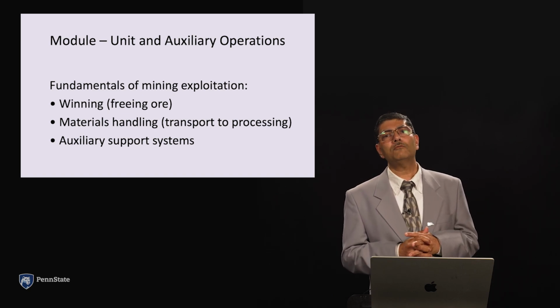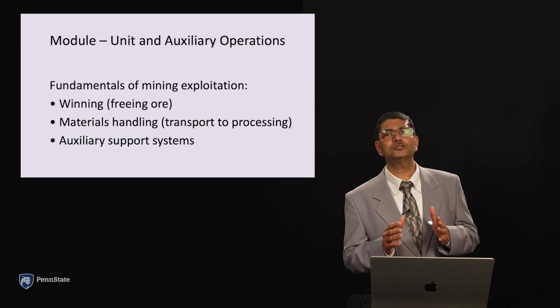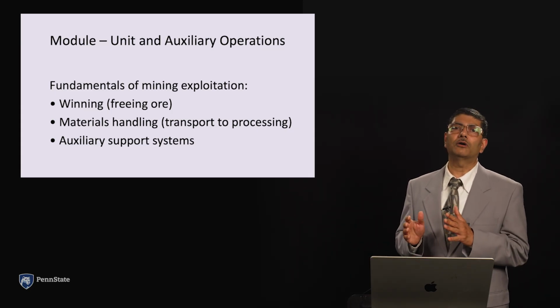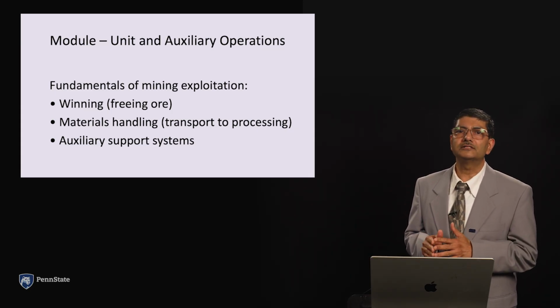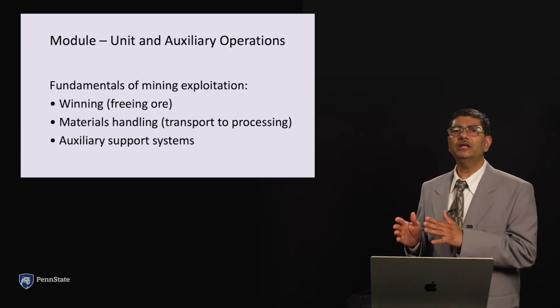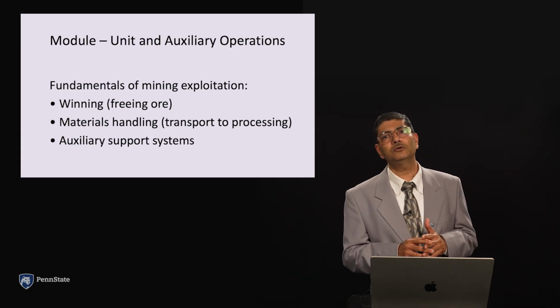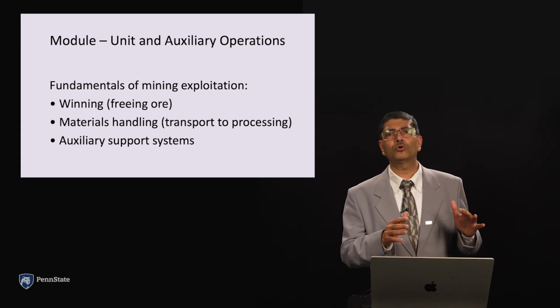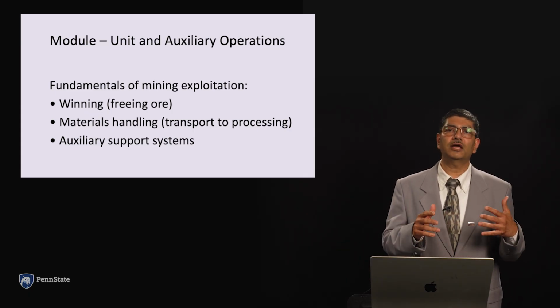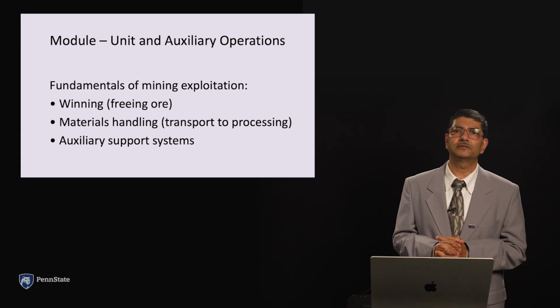The process of exploitation centers on two unit operations. Number one is winning, which is freeing ore from the ore body, and number two is materials handling, which is transporting the ore to the processing plant, and crushing and conveying and the related activities.